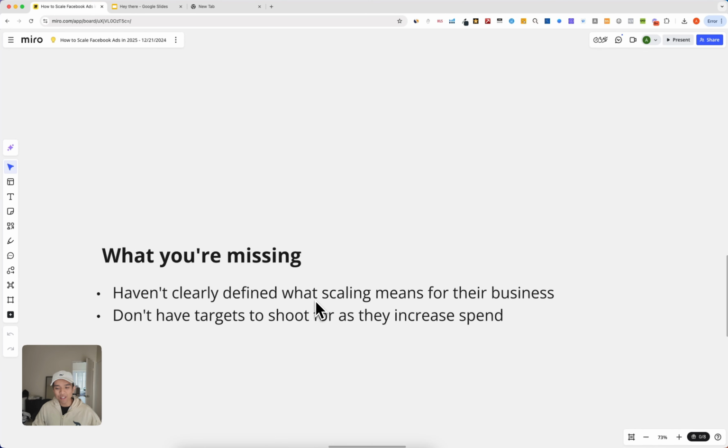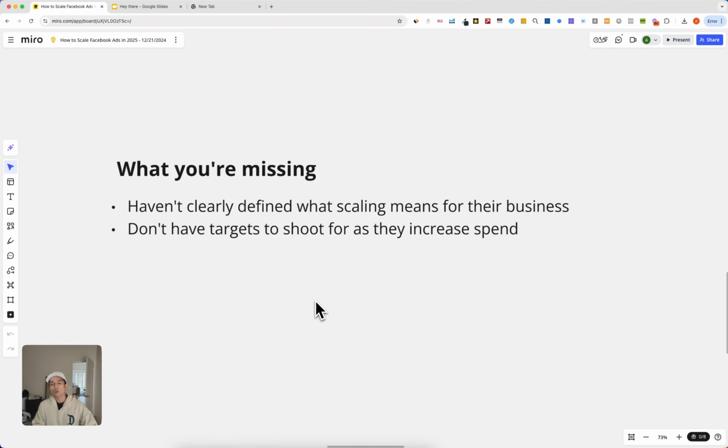Anyways, so here's what you're missing, right? What I see time and time again, even with brands that are spending 6 figures a month, 7 figures a month, is they haven't clearly defined what scaling means for their business. And they don't have targets to shoot for as they increase spend. And by the way, saying I can scale as long as I have a 2 ROAS, that's not a target. You can't scale a ROAS target, okay?